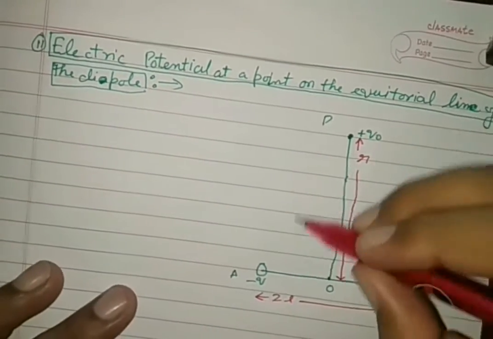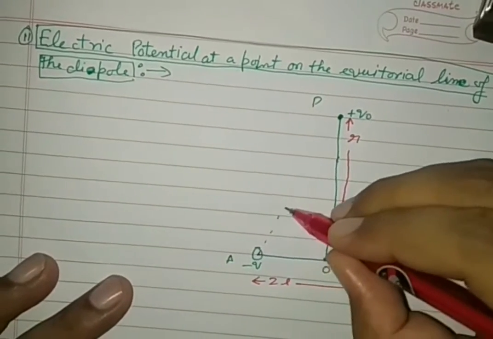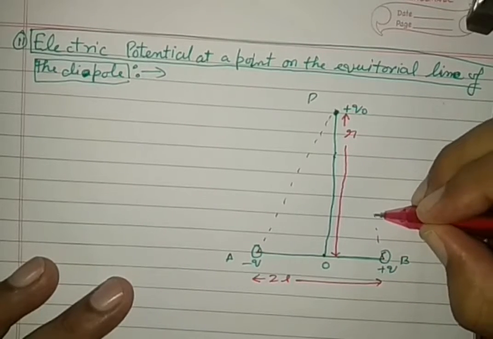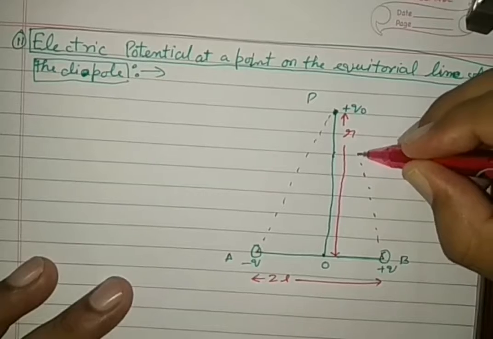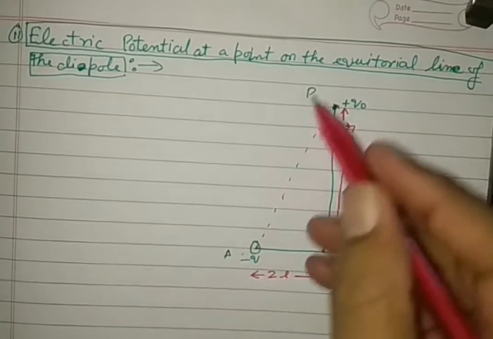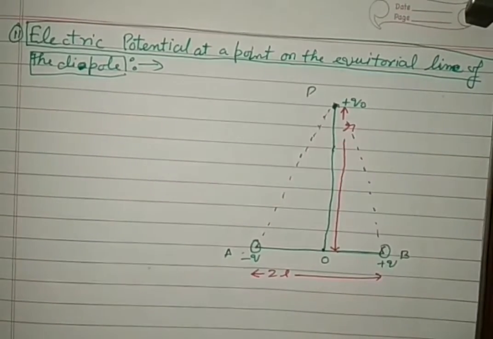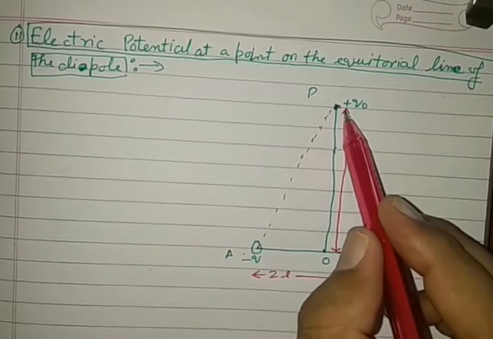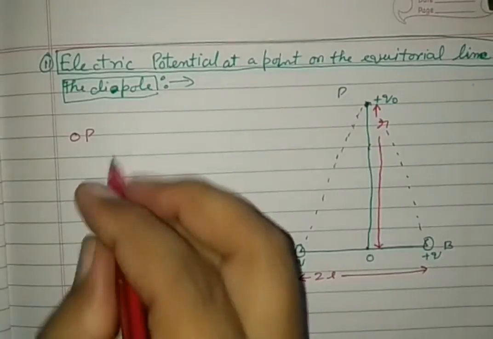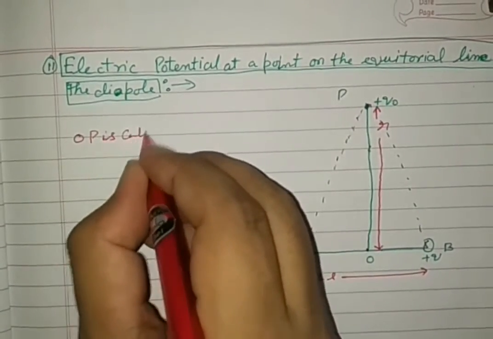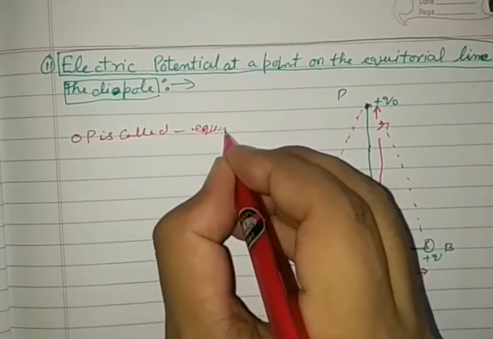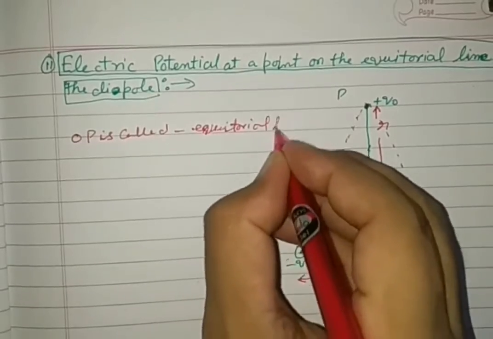Now we are going to join A with P and B with P. So we joined AP and BP with dotted lines, and we are going to calculate electric potential at point P. This OP is called the equatorial line.